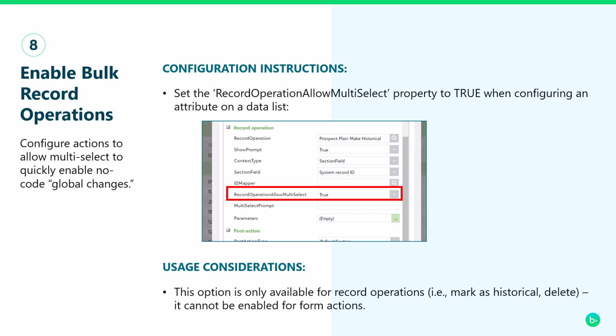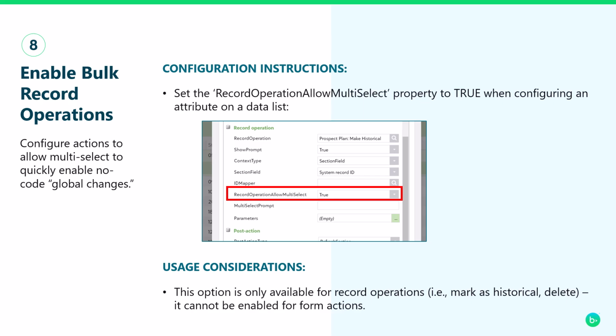This is done in the data list configuration with the record operation allow multi-select property. If you set that to true, you can enable this functionality. You also have the ability to add a specific prompt just to flag to users that they are about to take that action over potentially a large set of records.